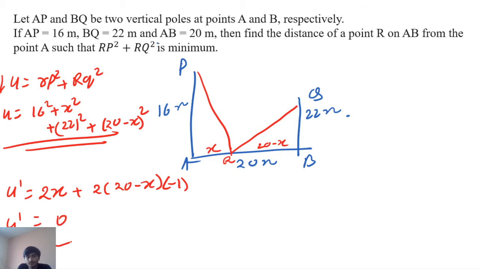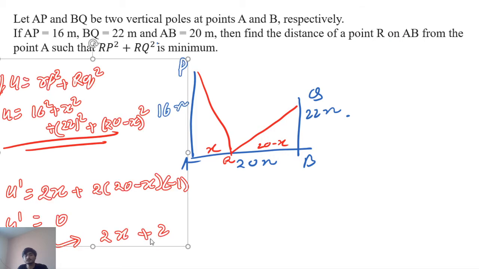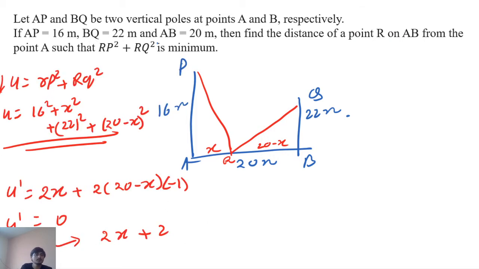So 2x, and minus will come here, so this will become minus 2 into 20 minus x is equal to 0, right.